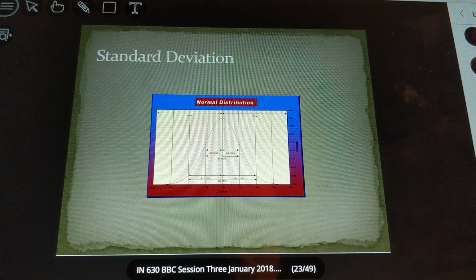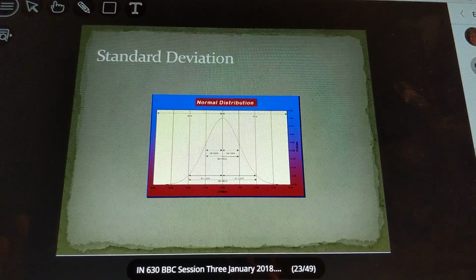Now, if we make this picture a little bit larger, you'll see that in a normal distribution bell curve, there is 34% on either side.